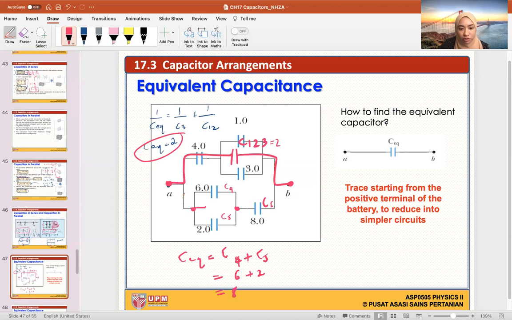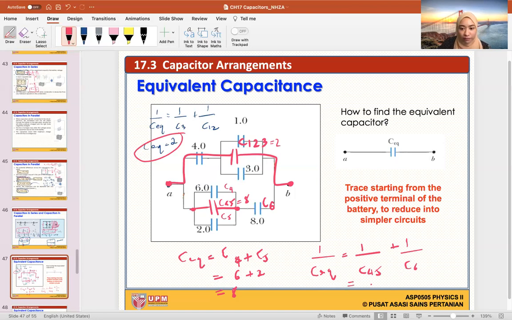So I can redraw this to be C45 equals 8. And again, C45 is in series with C6, which means my equation should be 1 over C45 plus 1 over C6 to get my C equivalent.